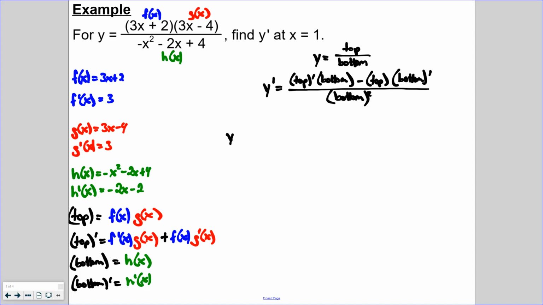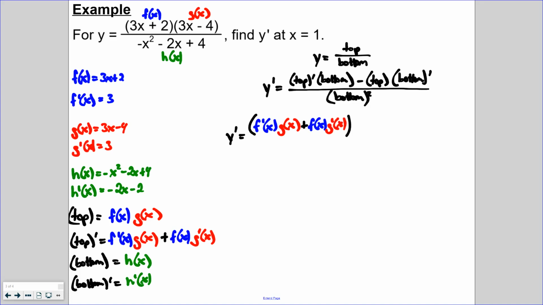So let's see, y prime is going to be the derivative of the top, which is f prime of x times g of x plus f of x times g prime of x.